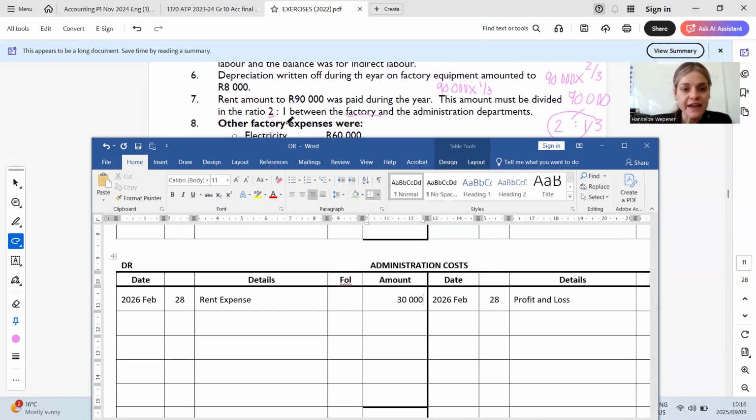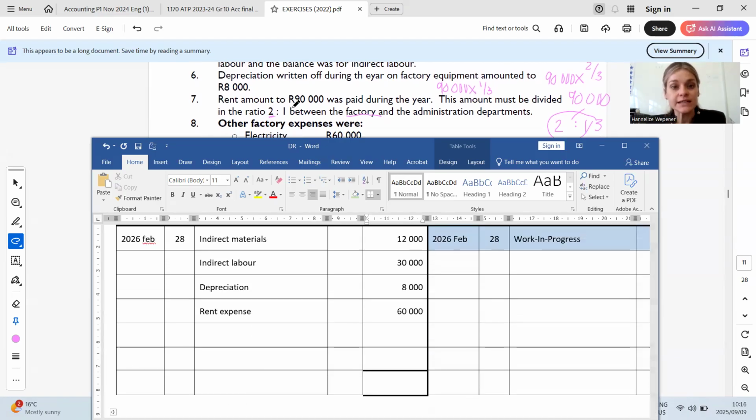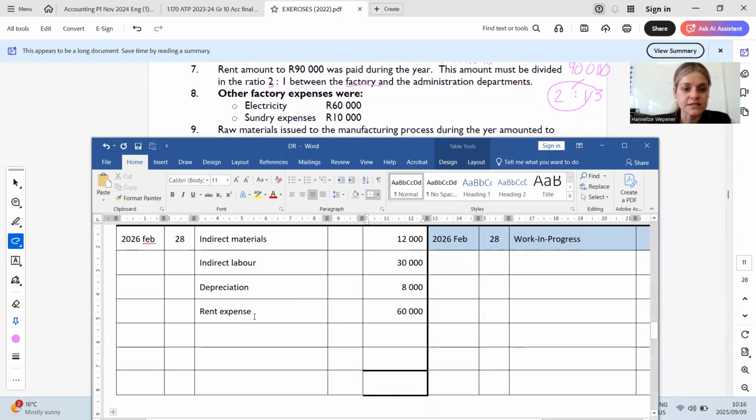Okay, other factory expenses, so in other words, other not directly linked to my product, consisted of electricity and sundry expenses. So electricity is 60,000 and 10,000 is then for your sundry expenses. It doesn't say that you have to allocate it.